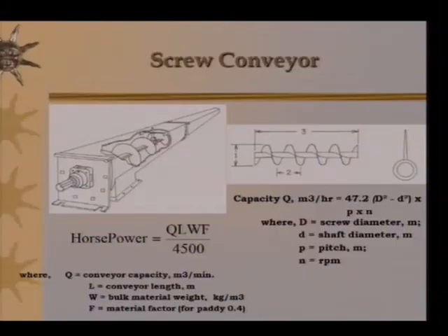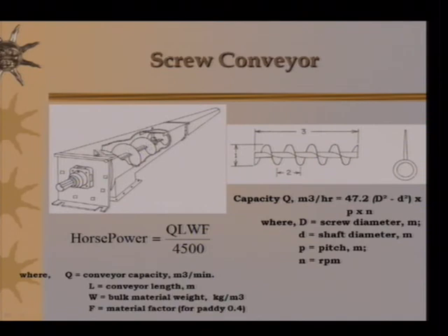Now coming to the screw conveyor, if you see here, this is nothing but a screw conveyor. A screw conveyor comprises a central shaft, and on this shaft the flights are arranged.